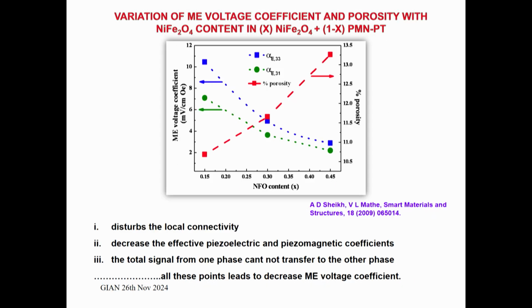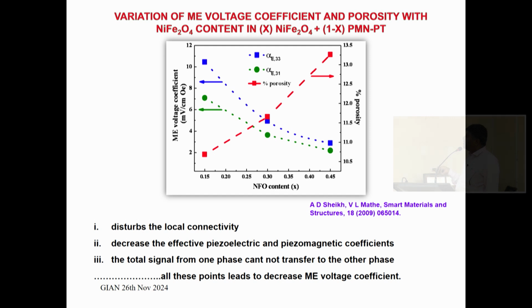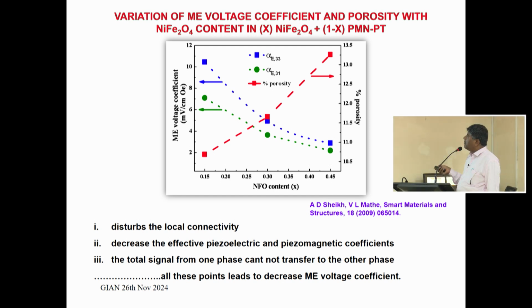This is the slide which gives you an idea about the role of porosity. So, porosity should also be as low as possible, because you can see as porosity increases, the ME performance keeps on decreasing, both for 3-3 and 3-1.